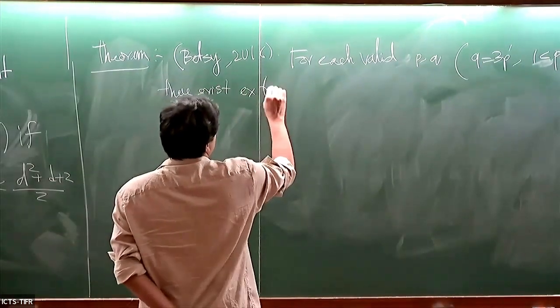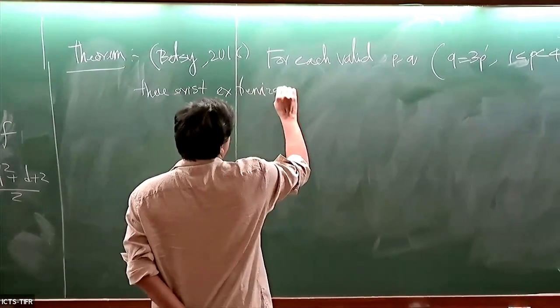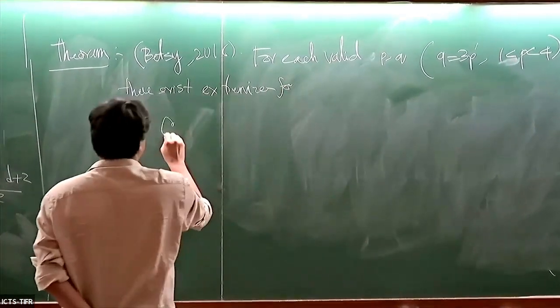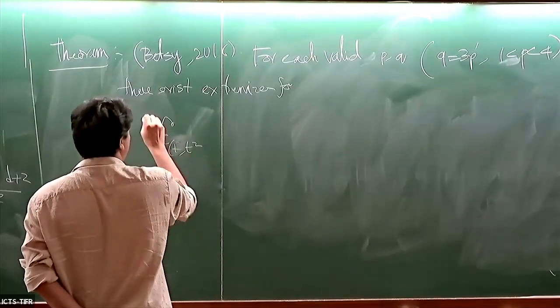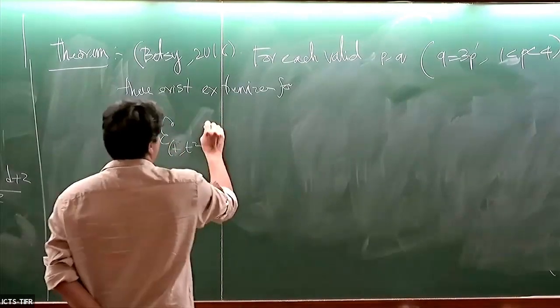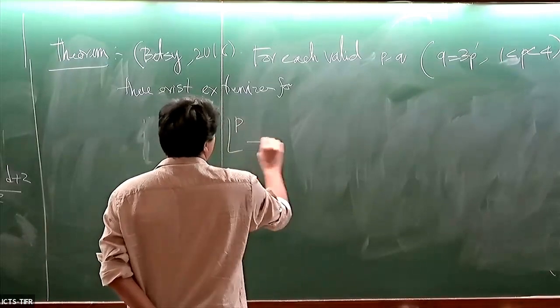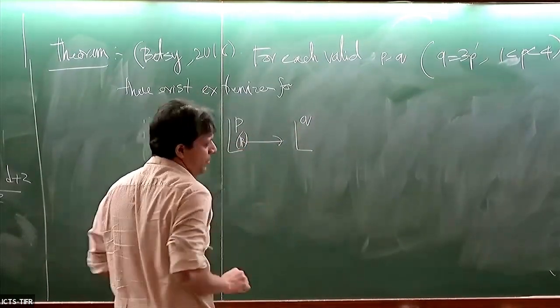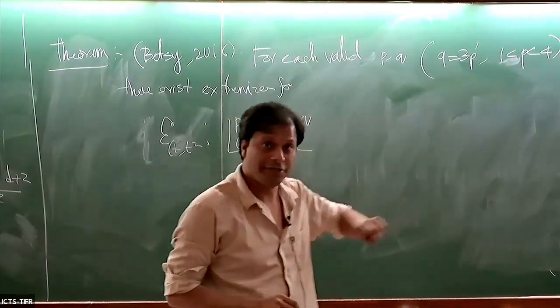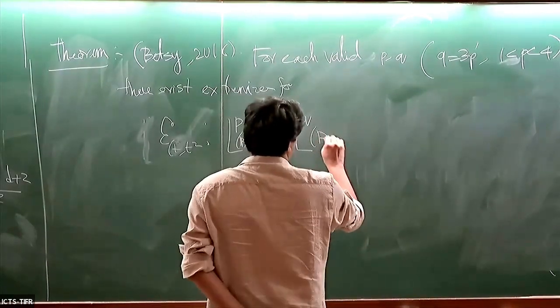Extremizers corresponding to the parabola, or the extension operator corresponding to the parabola (t, t squared), as a map from L^p to L^q. So here L^p of R, remember for the parabola the measure is simply dt, to L^q of R^2.